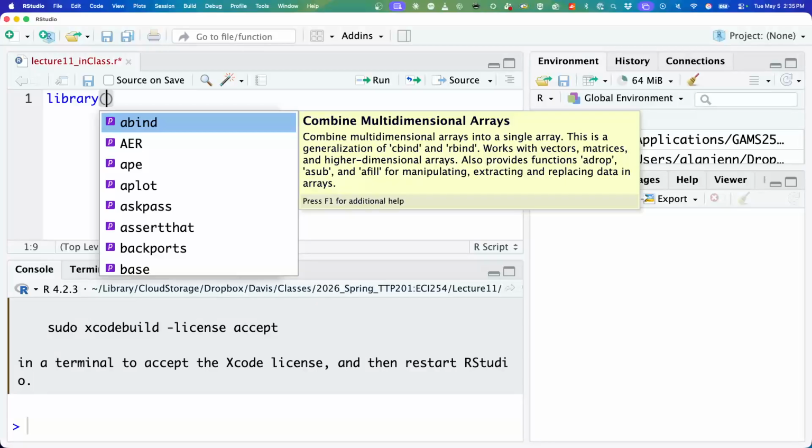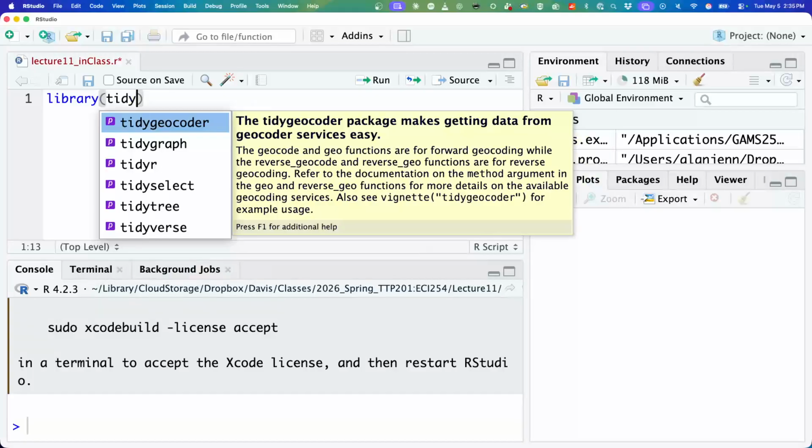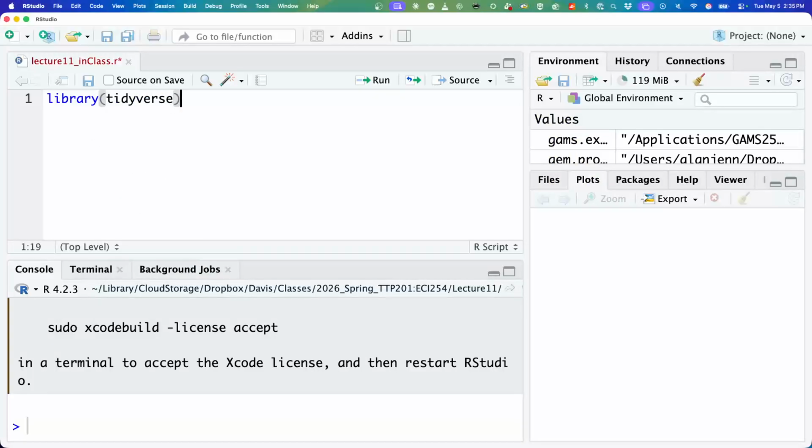So they use the tidyverse package to do some of their data preparation. And they also have some data which we'll get from a different library. So we're going to load in a couple of new libraries here, which you guys may have to install.